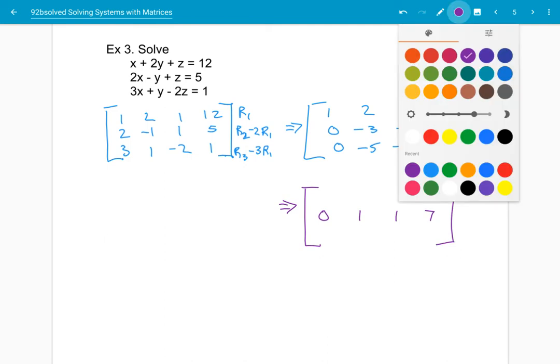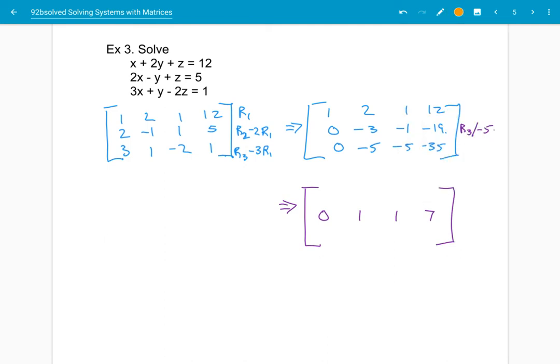Now, my new row 1, I'm going to take row 1 and subtract 2 row 3s over -5. So I'm going to have the 1. I'm going to subtract 2, gives me a 0. Subtract 2 gives me -1. Subtract 2 gives me -2.